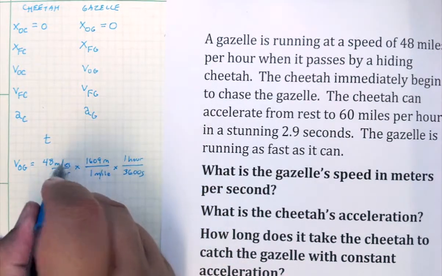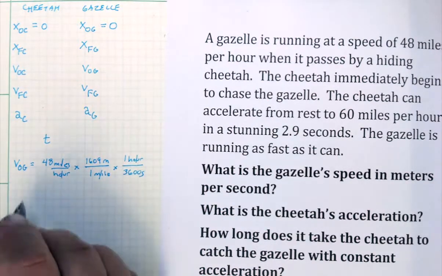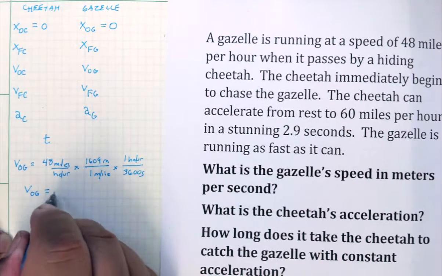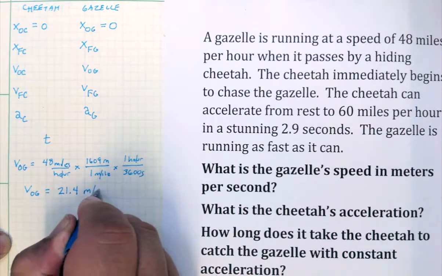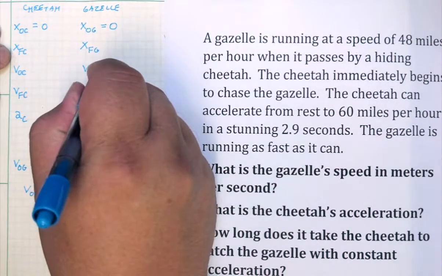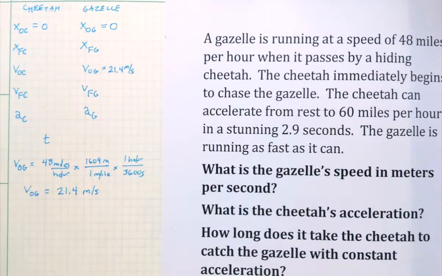This will cause the miles to cancel and the hours to cancel, leaving us with meters per second, and that gives us an initial velocity for the gazelle of 21.4 meters per second. That's more significant figures than we need, because this has 2 significant figures in the problem, but we'll retain that extra significant figure for intermediate calculations. We would report this, however, as 21 meters per second.